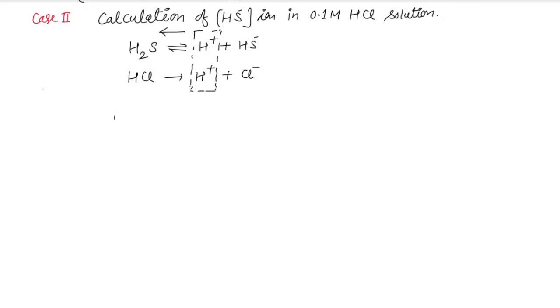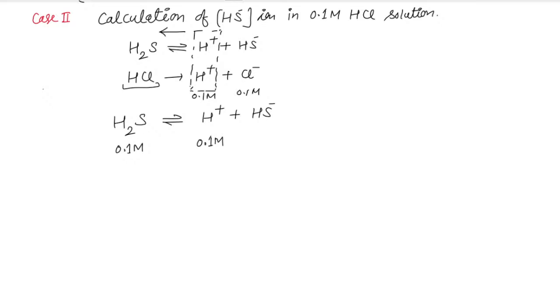Now let us take the equilibrium again. See, HCl is a strong acid. So whatever the HCl concentration is, that is 0.1, it becomes 0.1 and 0.1 only. So in H2S, because of the presence of HCl, H2S is 0.1 molar, right? So H plus ions are also 0.1 only.